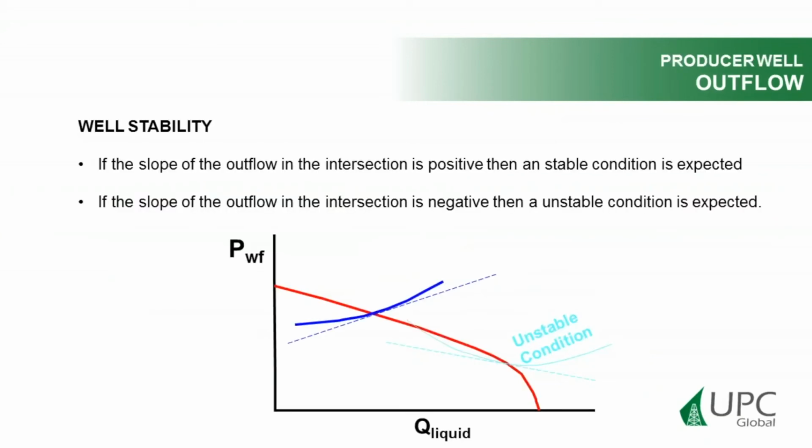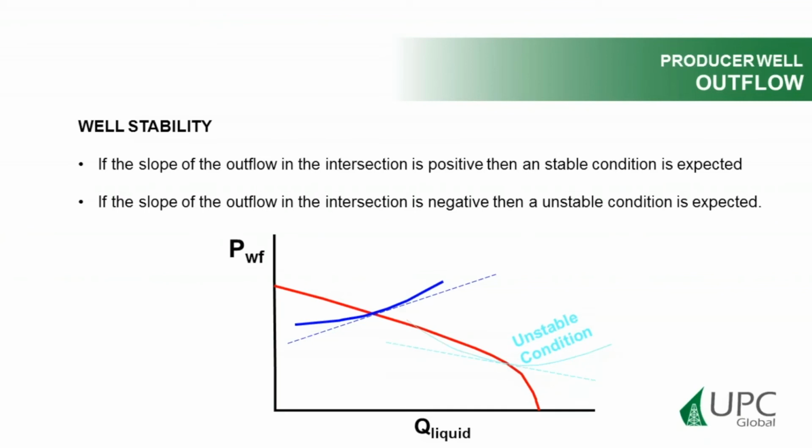This is important because it's one of the criteria to identify well stability. When the well operates at the intersection of inflow and outflow and the slope of the outflow, the tangent shown here with the dashed line, is positive, we have a steady state and a stable condition. Here it is an unstable condition. It's a steady state, but it's unstable.